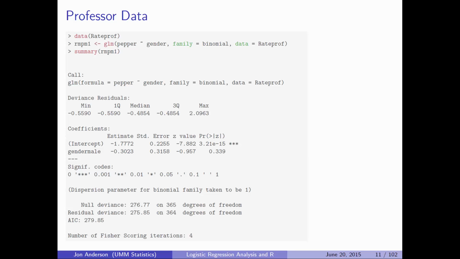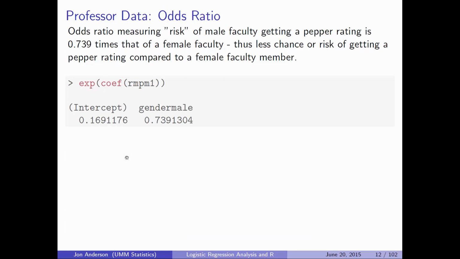And that means something about which group has higher or lower risk of getting a pepper rating. So remember, e to the beta coefficient controls the odds ratio. And so in this case, I'm taking e to the coefficients of that model.